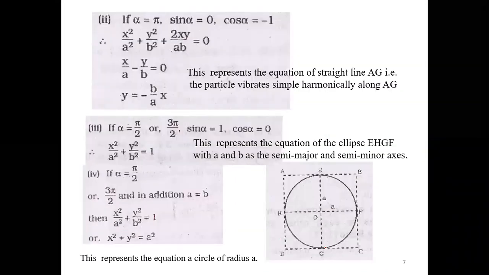The next case is, if alpha equals pi, then sine alpha will be 0 and cos alpha will be minus 1. So if you substitute the values of sine alpha and cos alpha, sine alpha is 0, so the right hand side will be 0, but in this case it will be plus now.